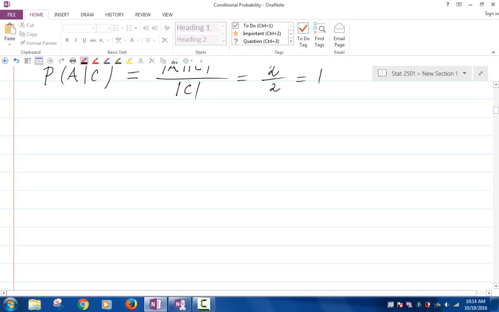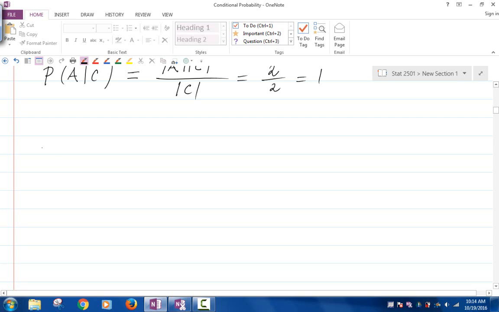So in that case, I can't just divide the number of elements of A intersect B by the number of elements of B, because maybe the sample space is infinite, maybe the outcomes are not equally likely. So I want to find a more general formula for the probability of A given B.